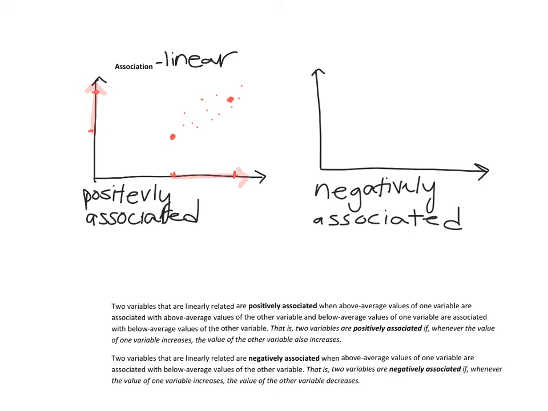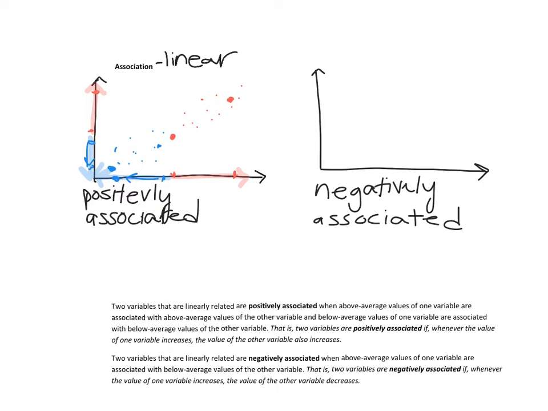And then likewise, as the explanatory variable decreases, your response variable also decreases. So if you had a value right here for the explanatory, your response variable would be right there. And then as it decreases, the response variable also decreases. So we're going to get values in here. All right, so that's our positively associated.